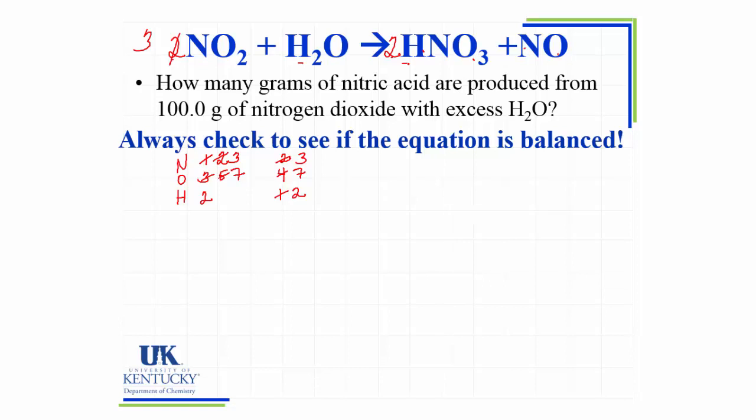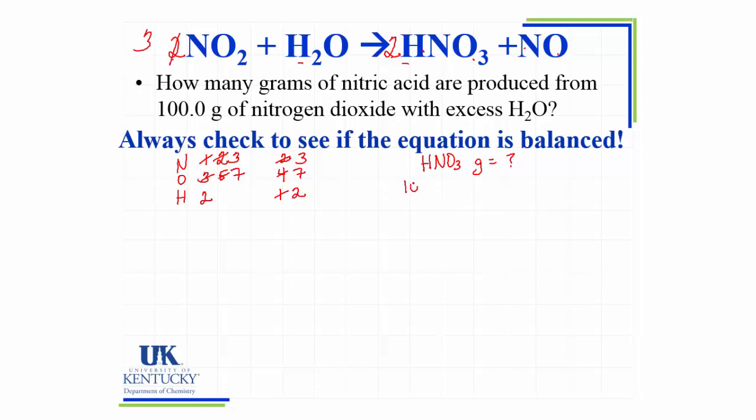In this case, it's asking how many grams of nitric acid are produced from 100 grams of nitrogen dioxide with excess water. So the first thing I want to do is pull out the information that seems to be useful in this problem. I see that I have HNO3 grams equals question mark. That's just a reminder that that's the answer I'm trying to find.